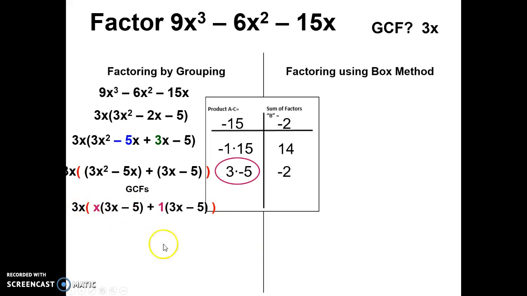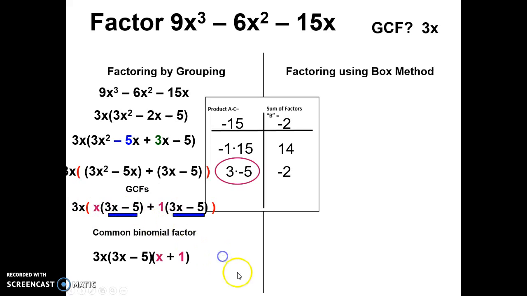Don't forget your GCF. So it's the GCF times the quantity 3x minus 5 times the quantity x plus 1. Double check with FOIL. Double check with the distributive property. You should be able to get back to your original up here. Okay?